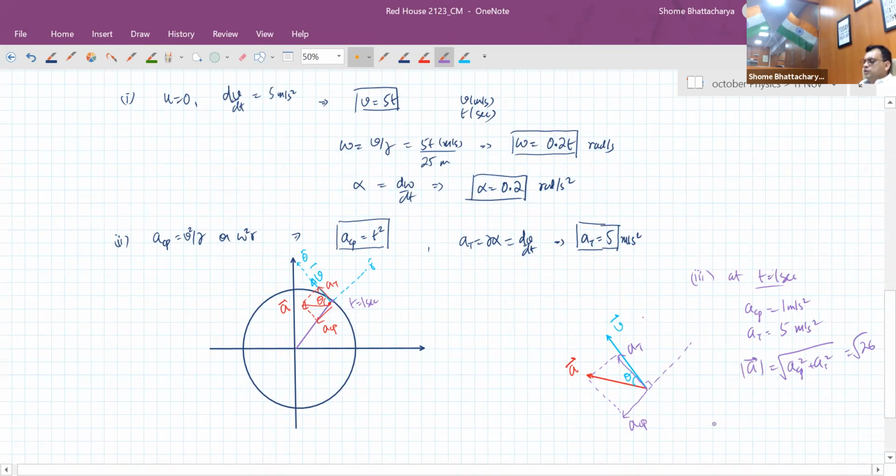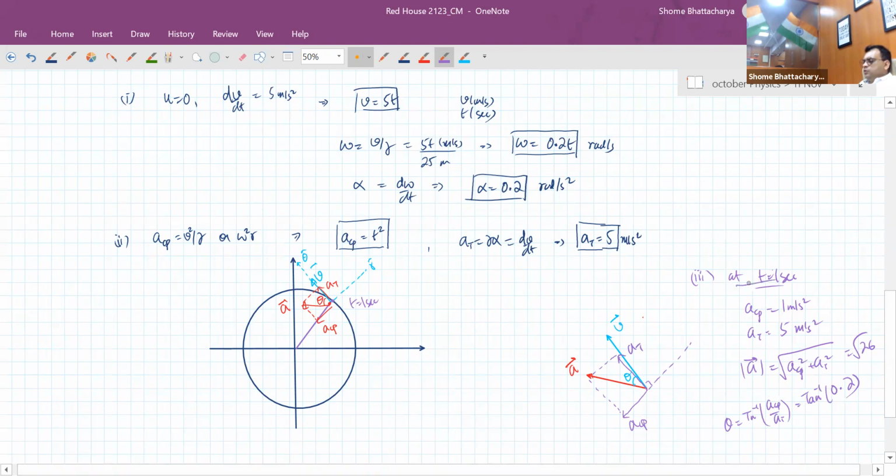But also this angle theta, that theta will be tan inverse of centripetal divided by tangential. So in this case, tan inverse of 0.2, because centripetal is 1 and tangential is 5.